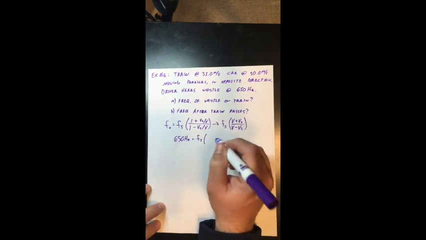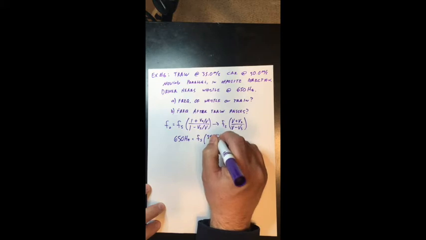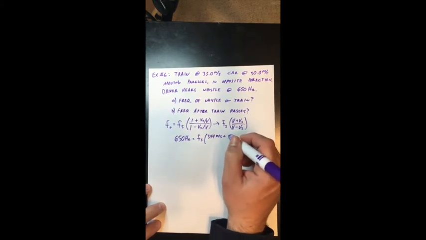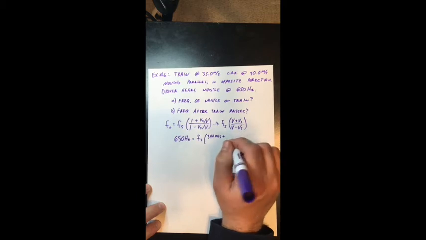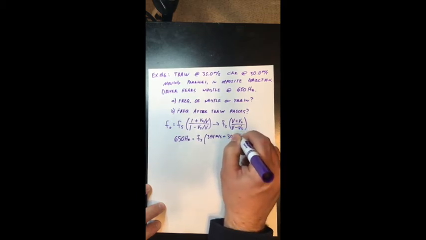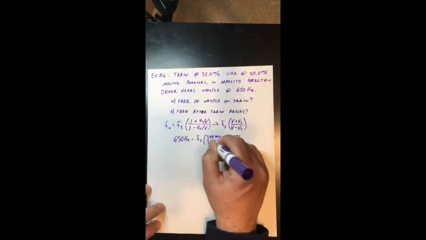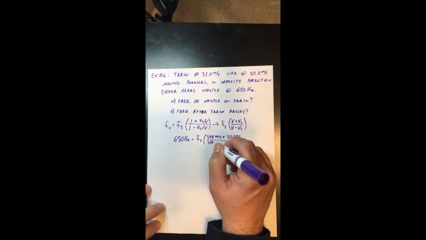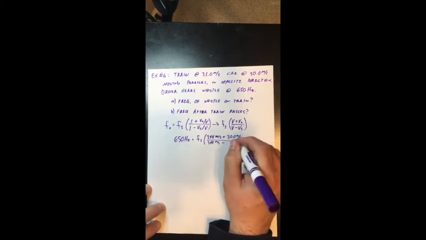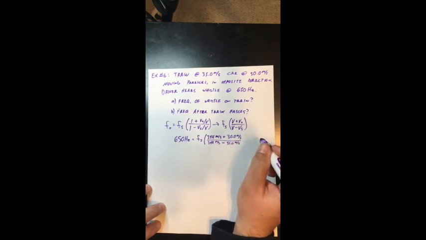This would give us 344 plus the speed of the car, which is 30.0 meters per second, over 344 minus the speed of the train, which would be 35 meters per second.